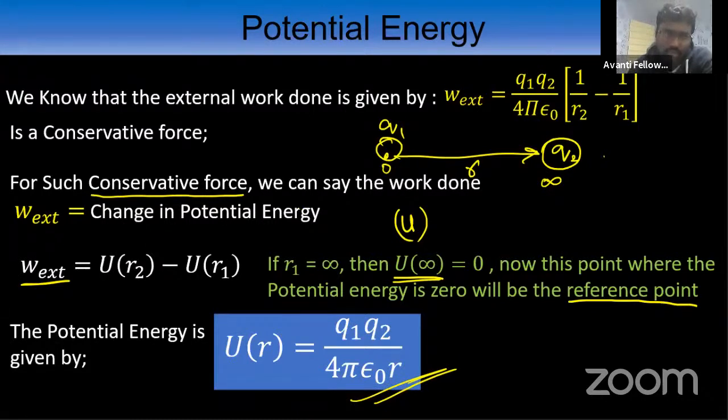So I'm taking the reference point as infinite. At infinity, my potential energy will be 0. So with respect to this point, if I calculate any other potential energy, I'll get the magnitude of potential energy. Yes, guys. Hope you understood this.